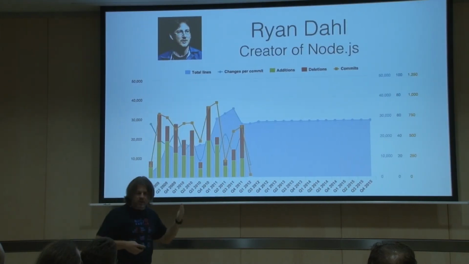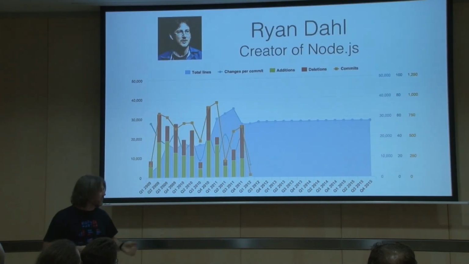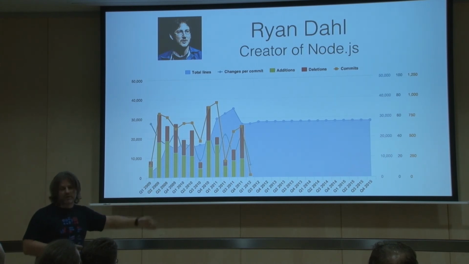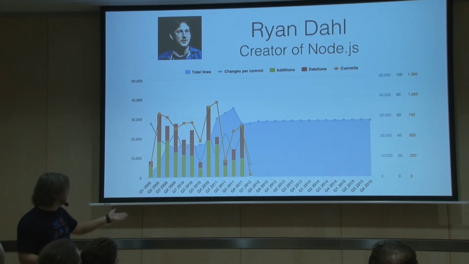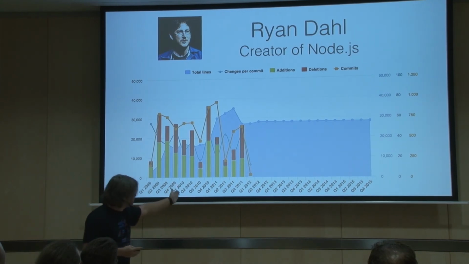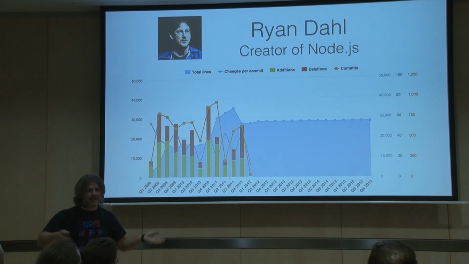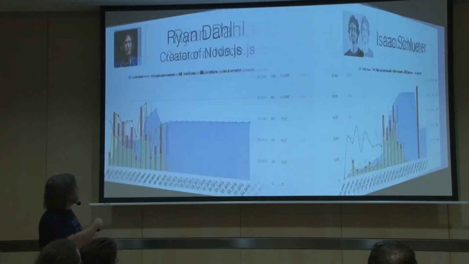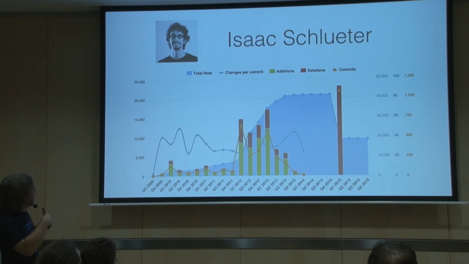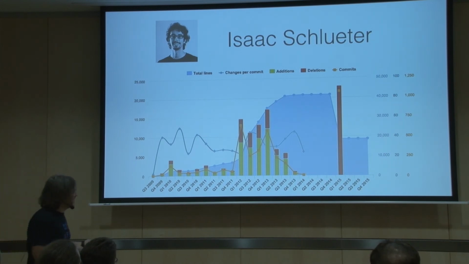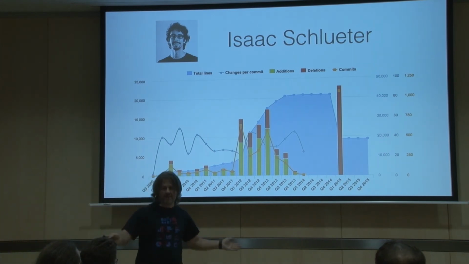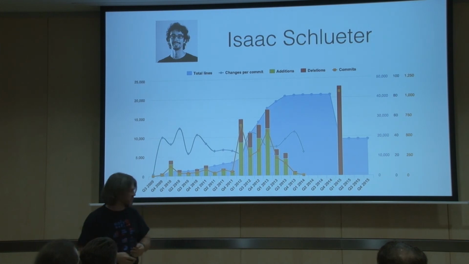But what I noticed is a tendency in JavaScript projects, that people work quite actively, and then at some point they are burned out and they leave the project. The creator of Node.js, Ryan Dahl, left the project in 2012. Then the second one, Isaac Schluter, took over the project for a couple of years, and then he left the project as well, but continued on Node package management.